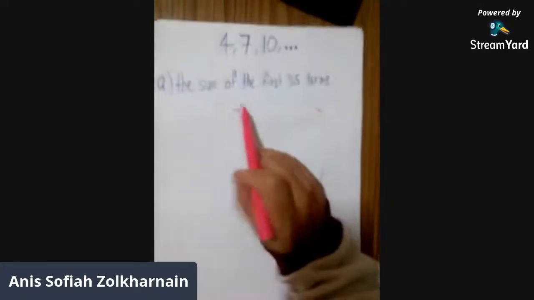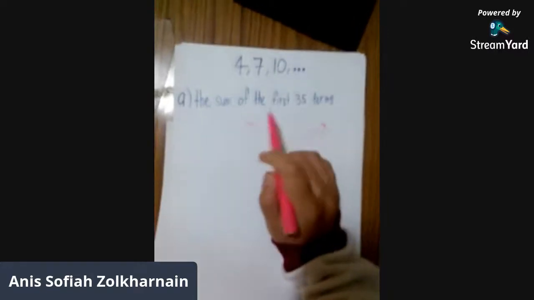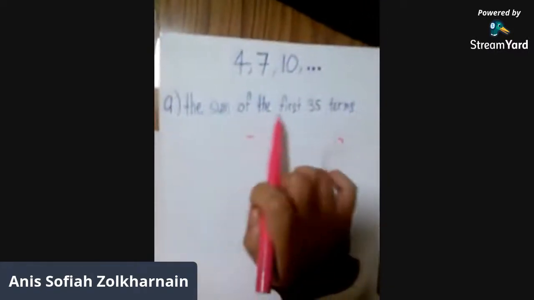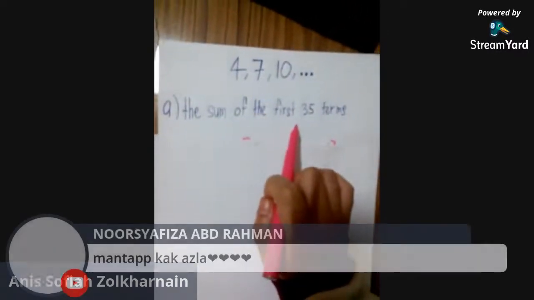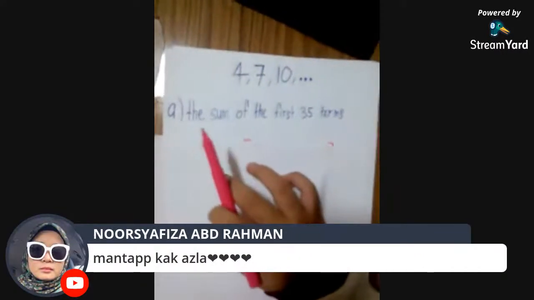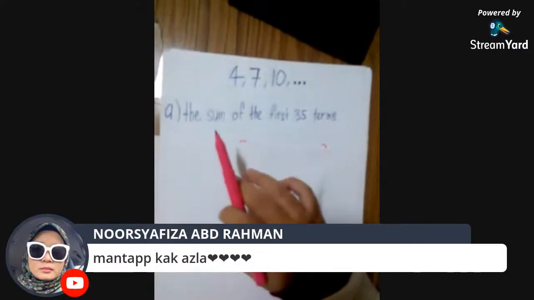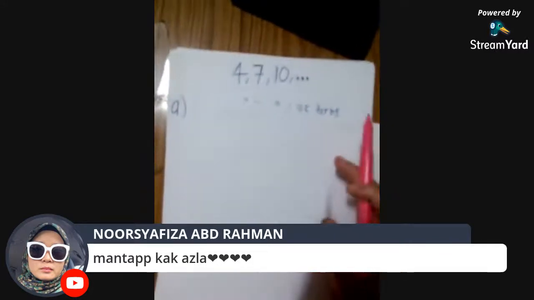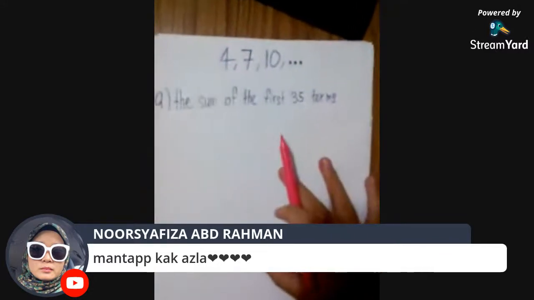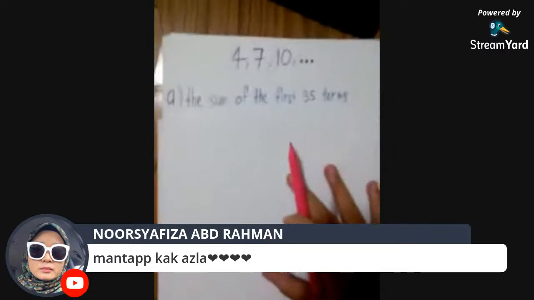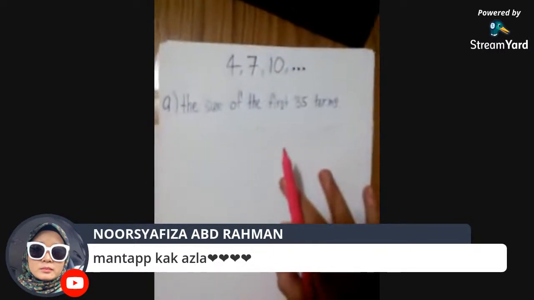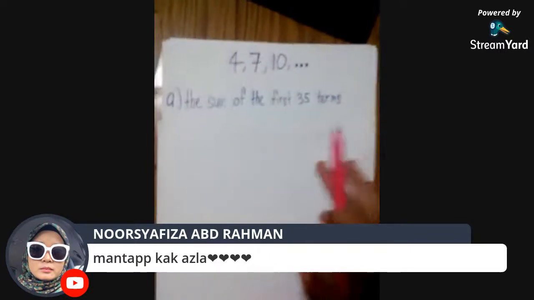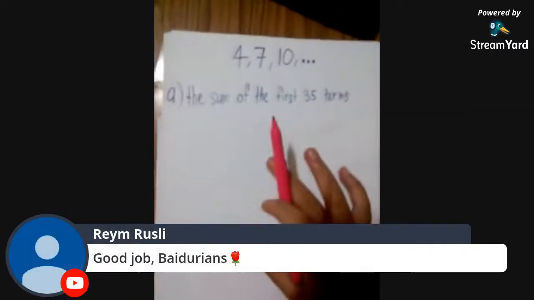The sum of the first 35 terms. The meaning of the sum of the first 35 terms is the total value of P1 plus P2 plus P3 and so on until P35. But here we are not going to list all the 35 terms. Instead, we are going to use the formula.